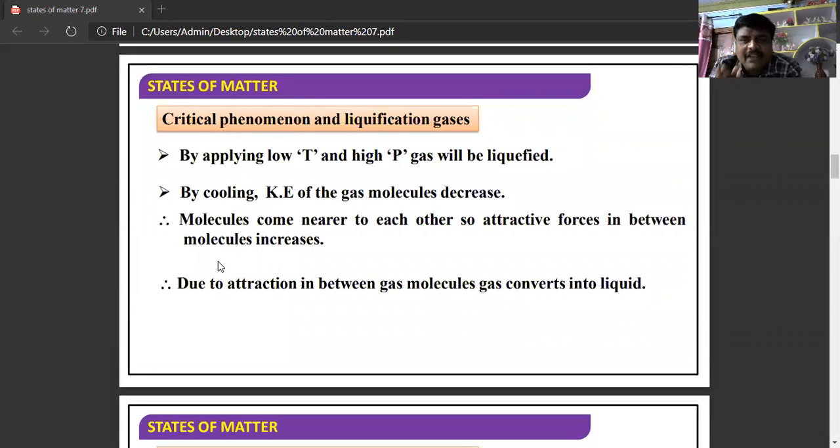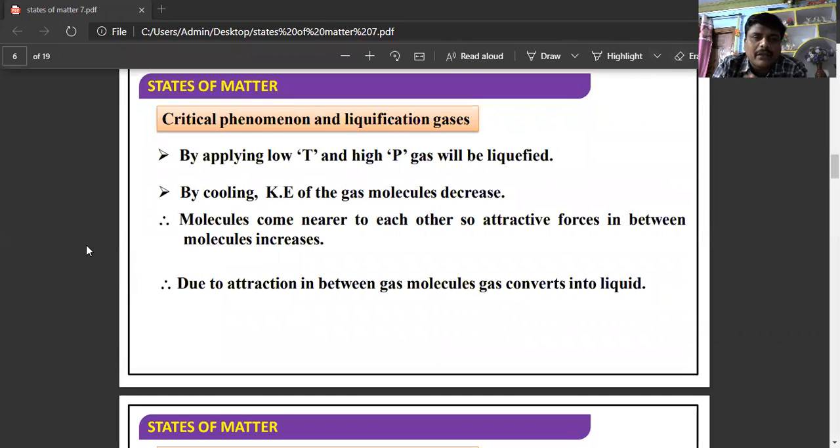So what is a critical phenomenon? From this critical phenomenon, critical constants are obtained. By applying low temperature and high pressure, the gas will be liquefied, that is, converted into the liquid state.